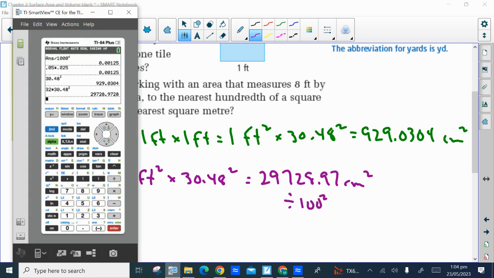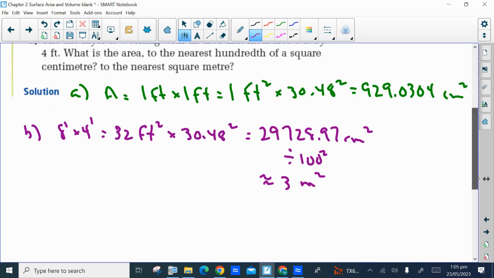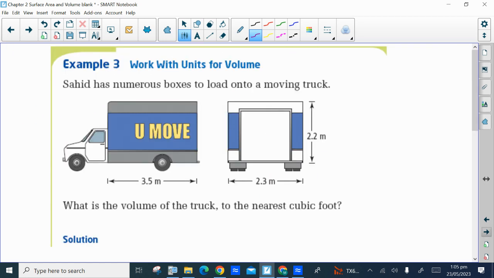It's got to have 4 zeros, but you can just divide by 100 squared. So to the nearest square meter, it would be approximately 3 square meters. 2.97, and there's more decimals there. But to the nearest square meter, it's approximately 3 meters squared. Okay?